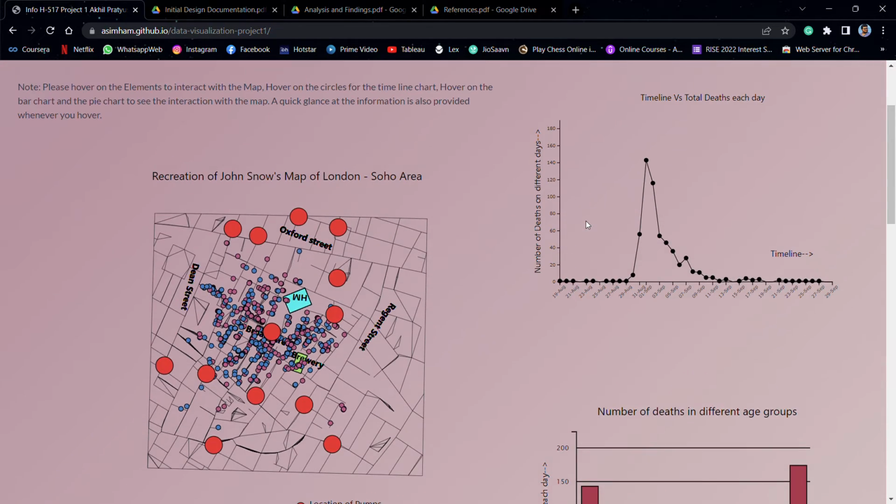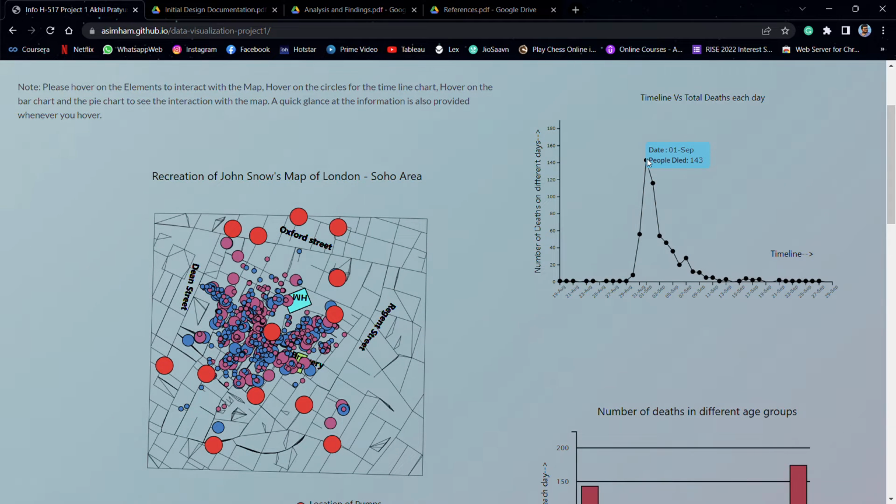So the timeline chart, as the name suggests, shows the number of people who died as time goes, and that is the number of deaths recorded in this area. As you can see, it slowly started and picked up its pace, and by September 1st, it reached its peak.